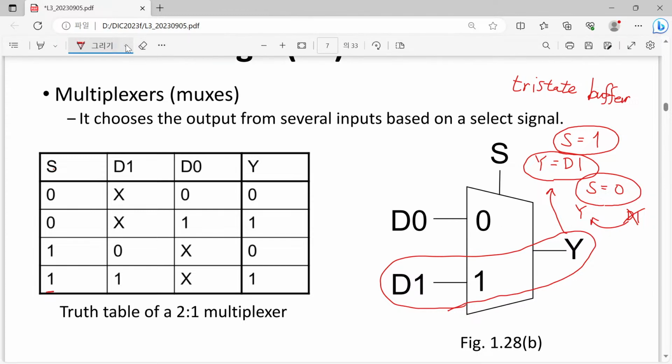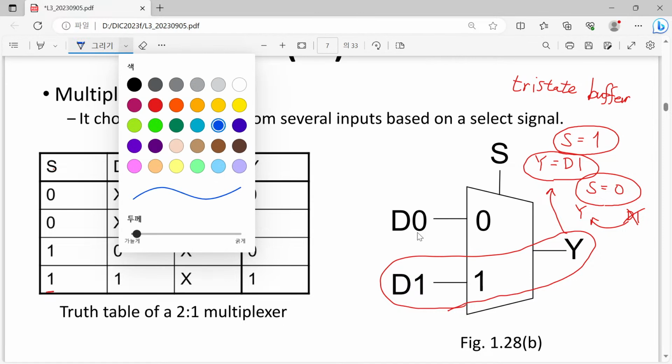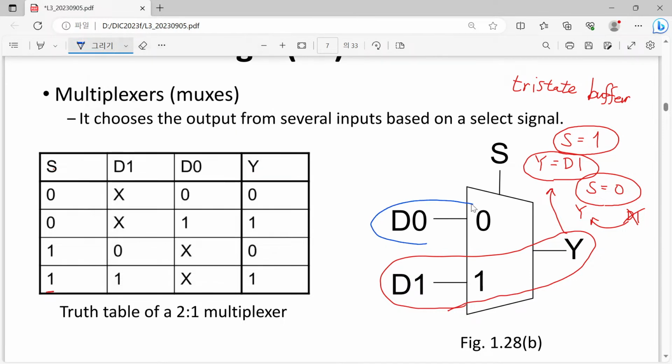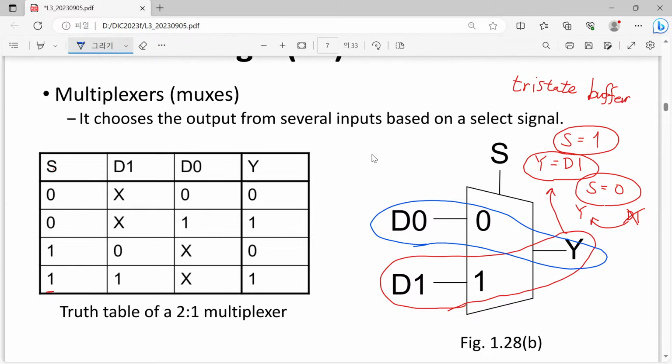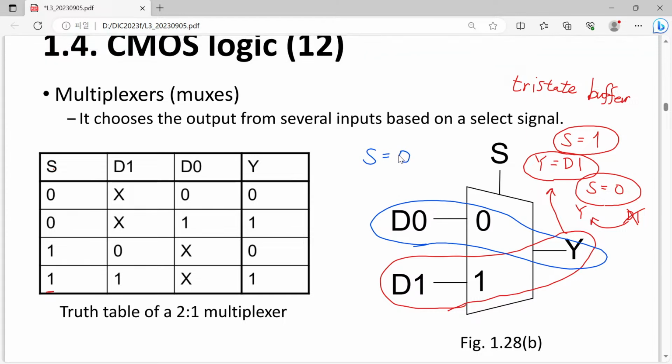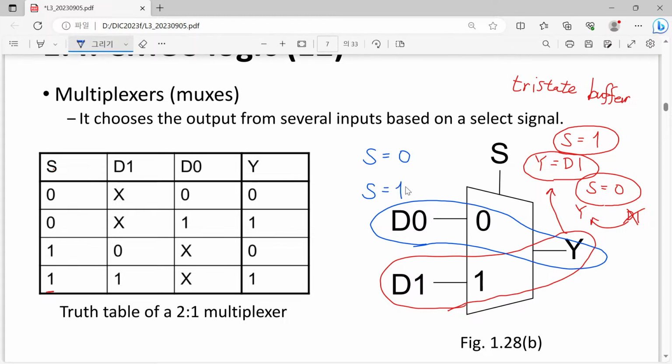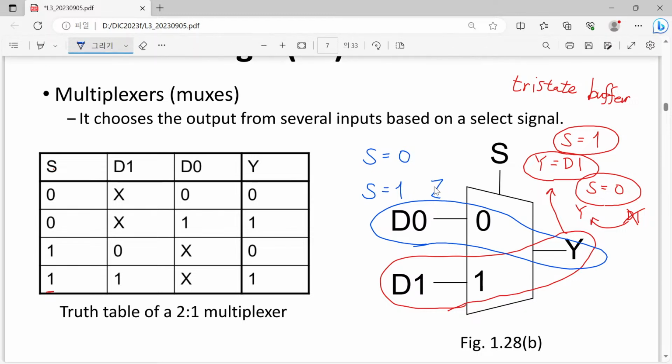Quite similarly, we can say that the D0 path is also treated as a tri-state buffer, but the difference is that now when S is equal to 0, it is working as a buffer, and when S is equal to 1, it is in its floating state.